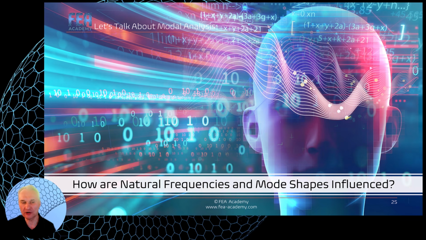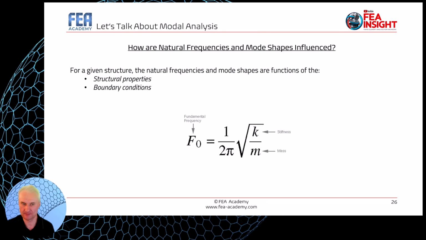So how do natural frequencies and mode shapes influence the system? For a given structure, the natural frequencies and the mode shapes are a function of the structural properties and the boundary conditions. Here you have the typical equation for the fundamental frequency.